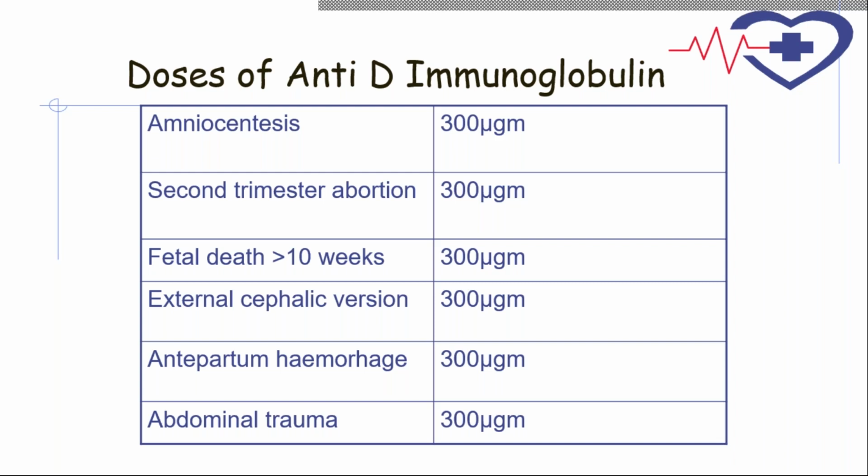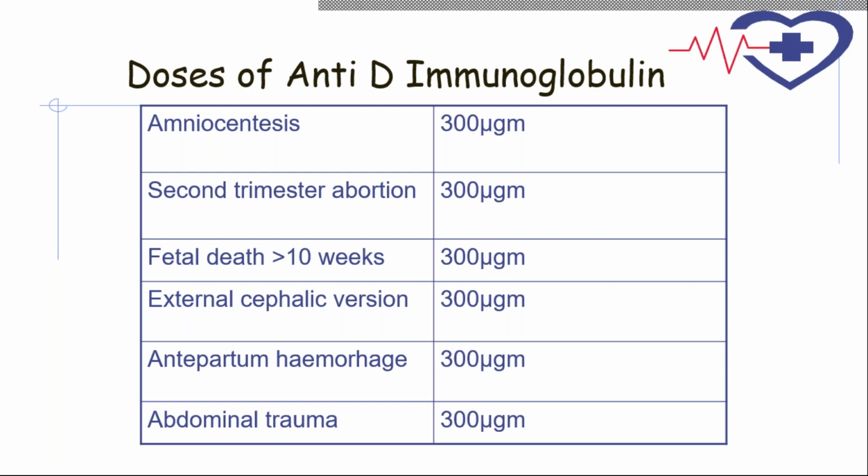It can be either placenta previa or abruptio placentae or abdominal trauma. Then we have to increase the dose of anti-D immunoglobulin. You will give a single dose of 300 micrograms, and in certain situations we expect more excessive feto-maternal hemorrhage. We will cover it in the subsequent slides. So if any of these events occur, you have to administer 300 micrograms.